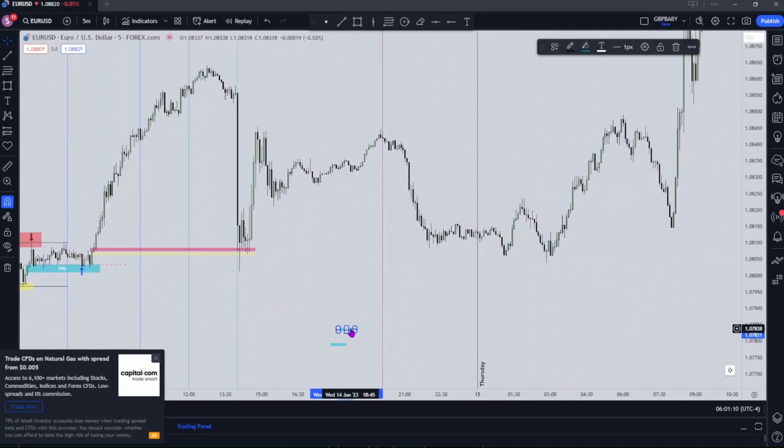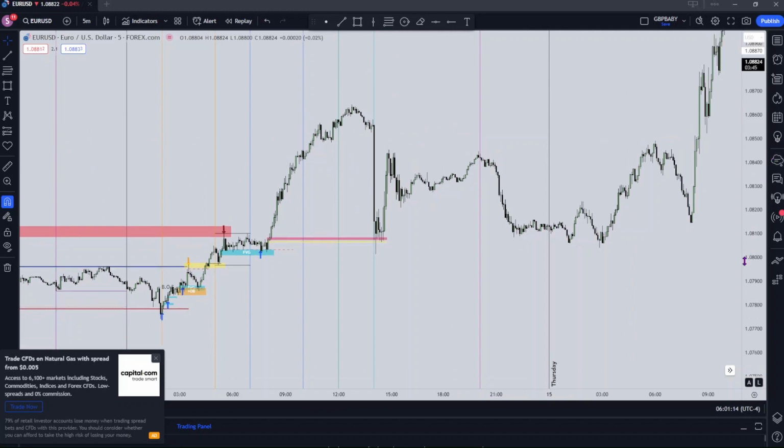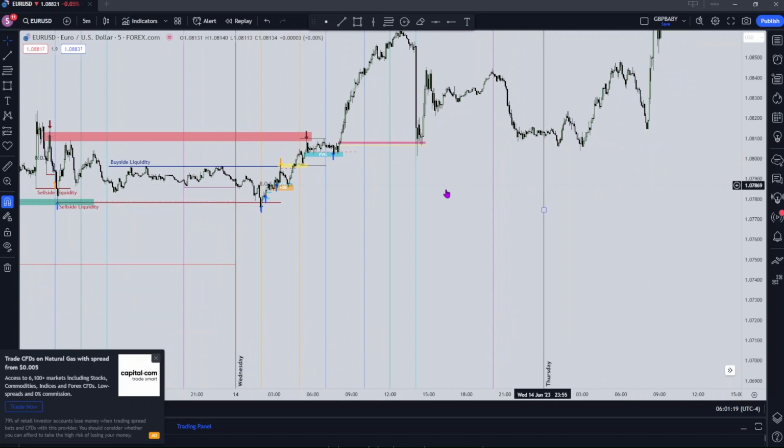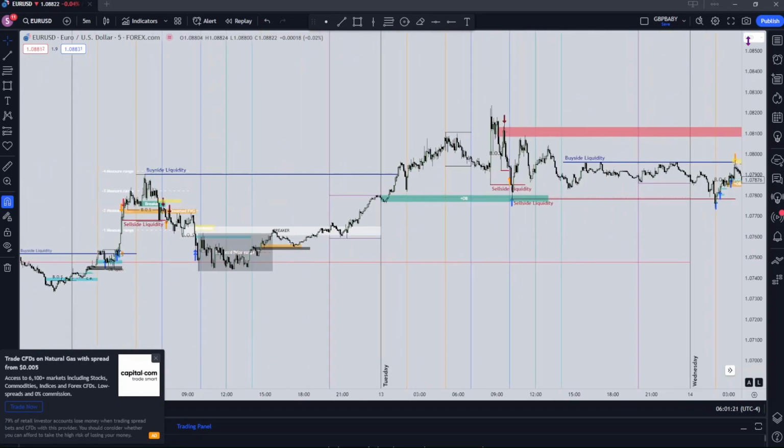It's possible I might have already analysed this week, actually. This looks familiar. But yeah, let me just go back over here and have another look.